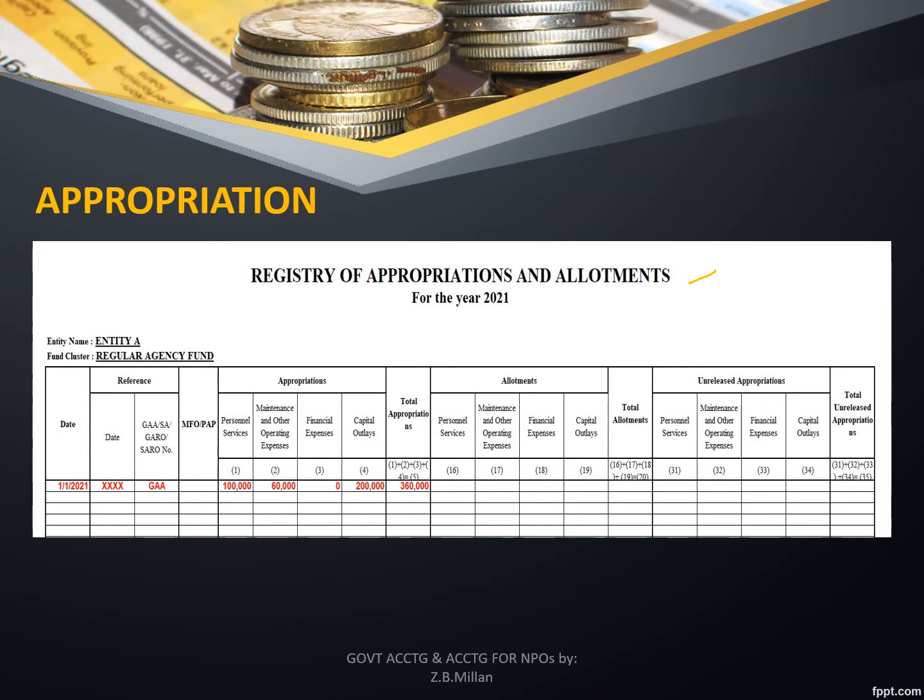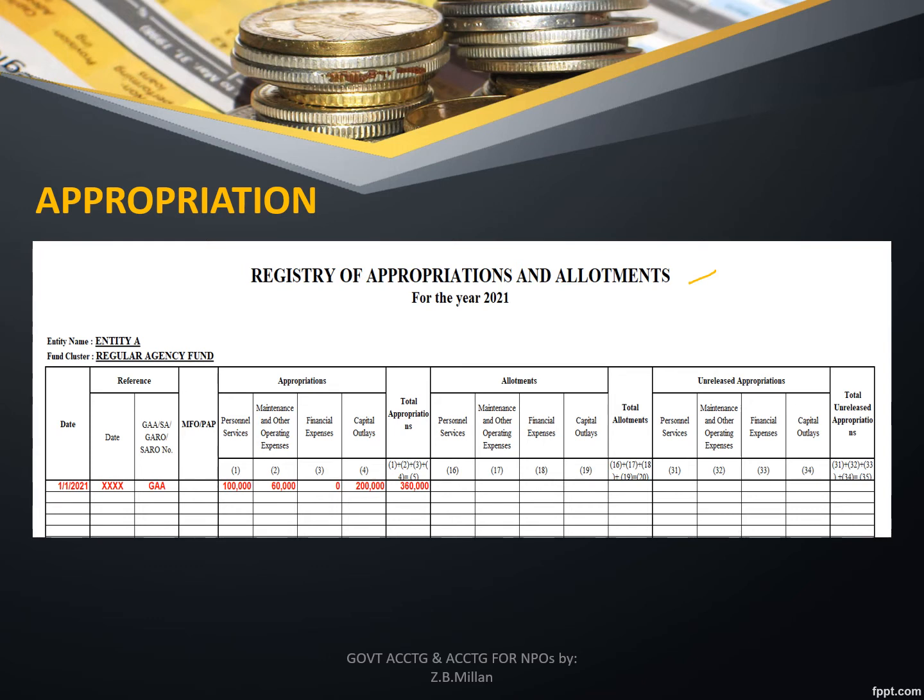If you can observe, the form of our RAPAL in our presentation is a bit different compared to our reference book. By the way, this form is from the GAM. This is the prescribed form by the GAM. You can refer to Volume 2 of the GAM in our Chapter 1 Supplemental Resources.